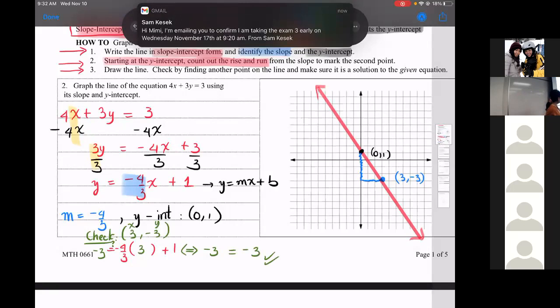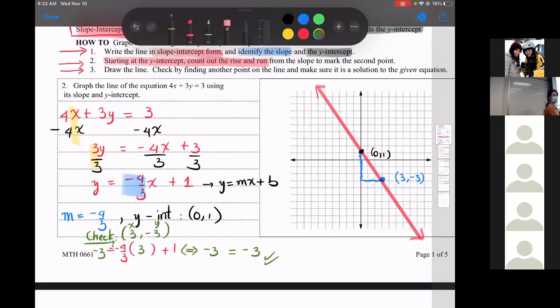Copy that down. I'm going to show you how to do it with decimals. Do you guys know decimals? So what I'm going to do is plug this point into this equation. You can pick the original equation, or you can pick this equation. It doesn't matter.